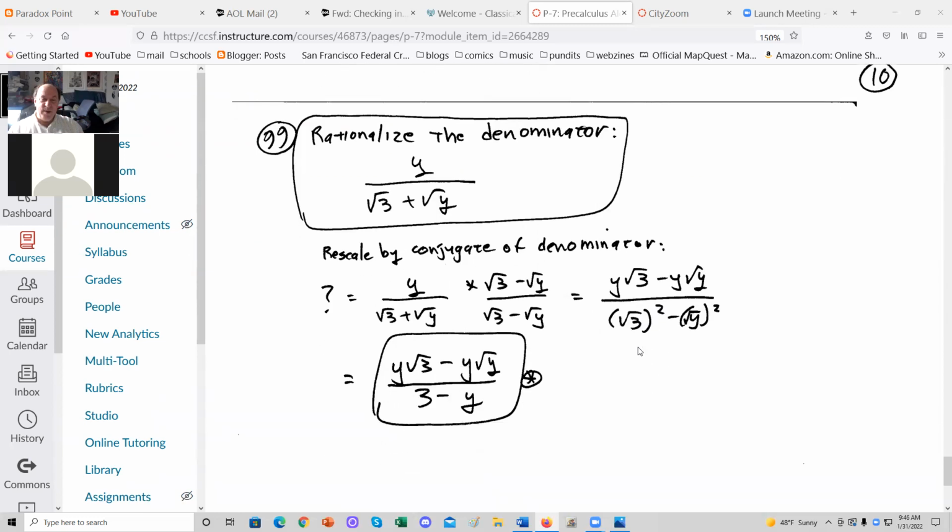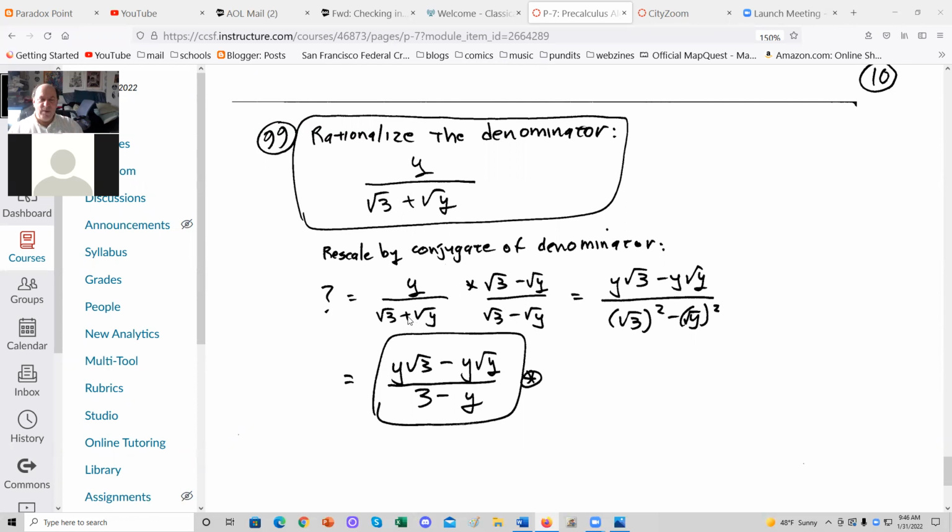So the trick is we rescale by the conjugate of the denominator, where instead of adding these two square roots, we subtract them. We multiply numerator and denominator. Since this is a over a, which is 1, that doesn't change it any.